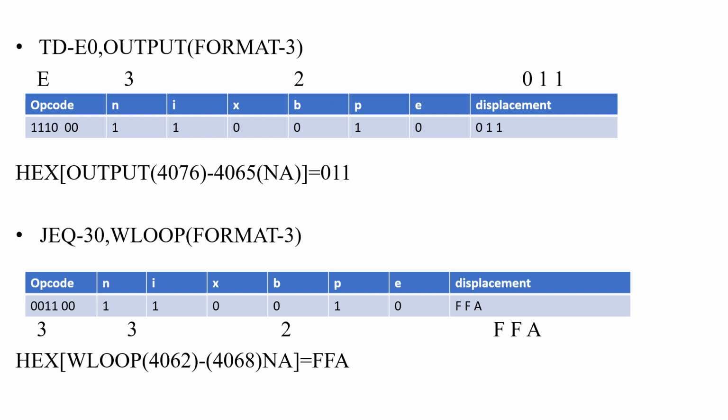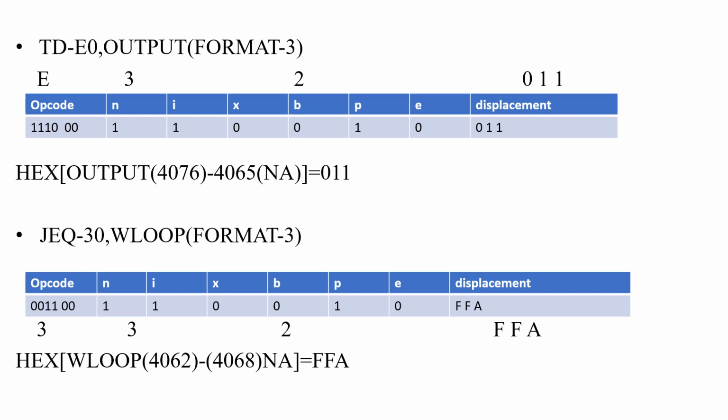Then next, moving to JQ W loop, the value of JQ is 30 and the W loop value is 4062. So the initial 4 bits of the opcode are of value 3, that is 0011, and the next 2 bits are 00.